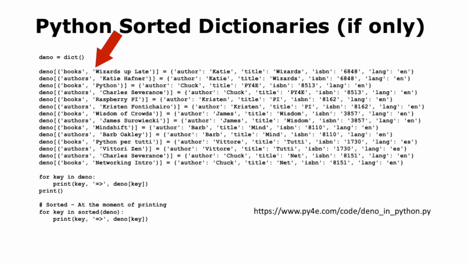Like, imagine that dictionaries were always sorted, okay? Always sorted by key. So you could put something in, but then if you made the key be a tuple, like a two-tuple, which is books, comma, wizards up late, then that's sortable because tuples in Python are not modifiable, and so they're also sortable and they're comparable.